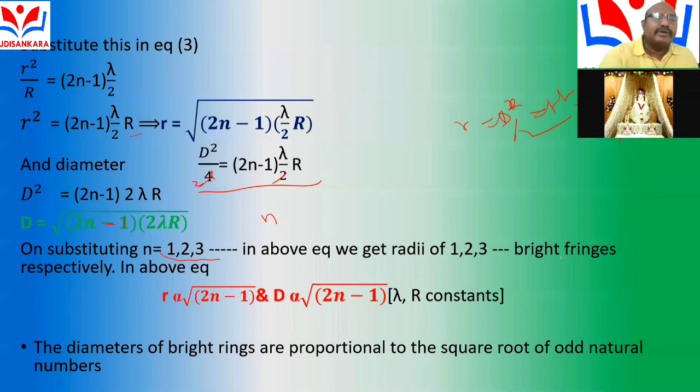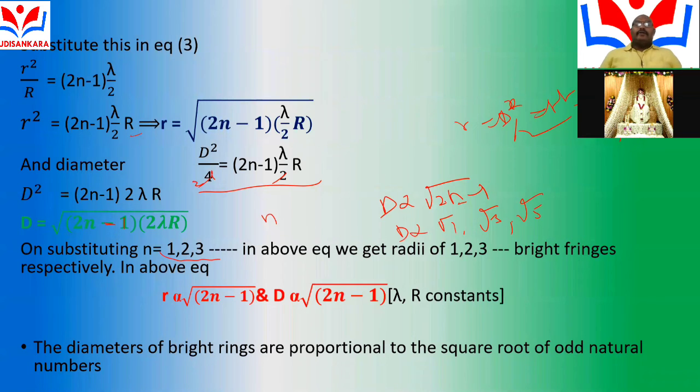Odd natural numbers means, substituting n is equal to 1, 2 minus 1 is 1, that is D proportional to root of 2n minus 1. If n is 1, that gives root 1, n is equal to 2 gives root 3, n is equal to 3 gives 6 minus 1, 5. So D is directly proportional to root 1, root 3, root 5 and so on.